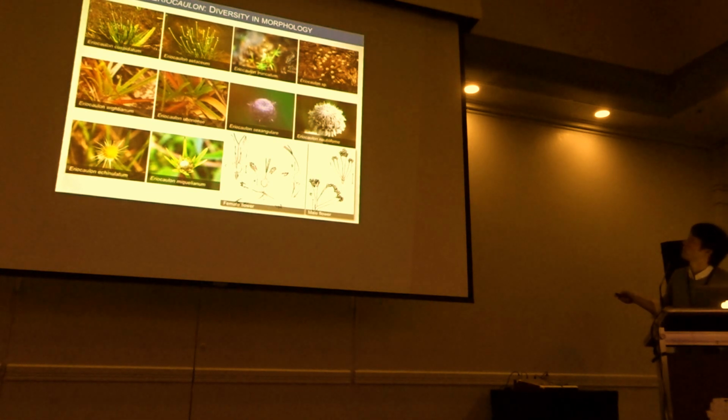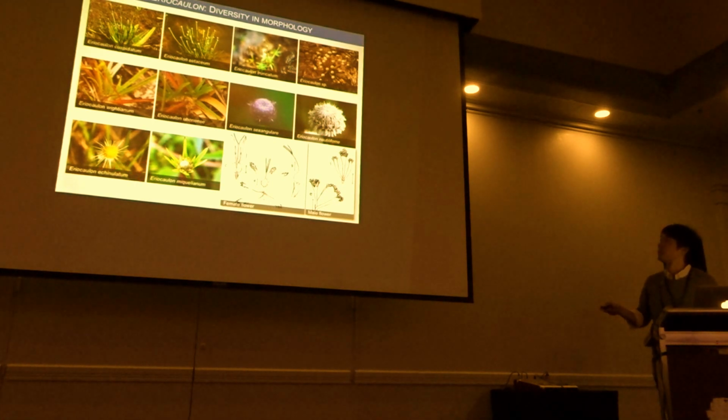For instance, Eriocaulon sexangulare has a leathery flower head, but in the case of this one, it has a soft and much hairier inflorescence.